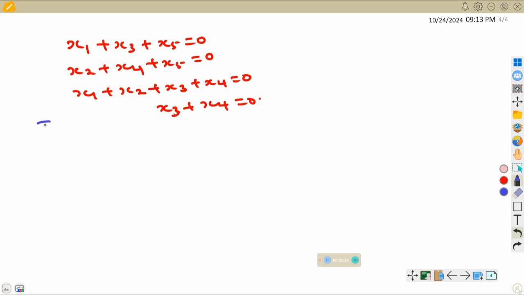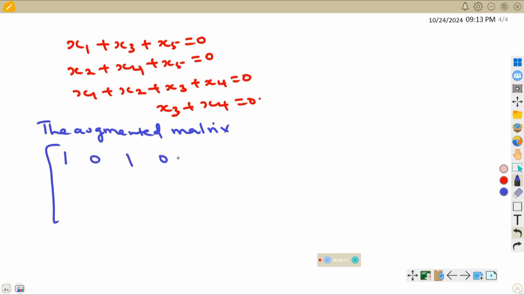So let us first get the augmented matrix. We shall have 1 0 1 0 1, then 0. This is 0. For x2, this is 1. x3 is 0. x4 is 1. x5 is 1.